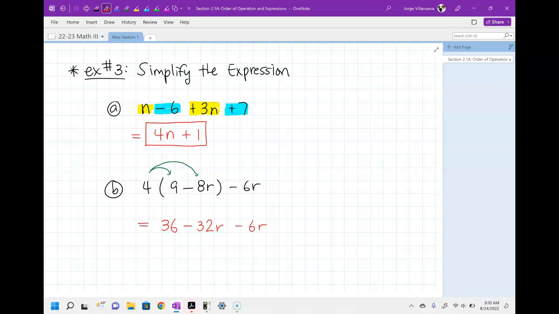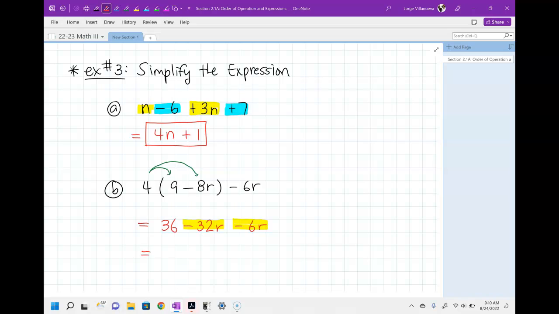Notice the parenthesis goes away because I cannot simplify 36 minus 32r, right? They're not like terms. One is just a number, one is, I guess you could say, like a monomial, a term with a variable. So I can't put those two together, but I can join negative 32r minus 6r.